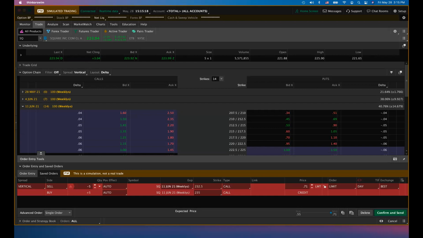Wait, you bought a debit spread? Was this a call debit spread or a put debit spread? A put, I'm sorry. Okay, because I expect the price to go down, you bought a put debit spread, expecting the price of the underlying to go down. Yes. Okay, I'm with you so far. I bought it at the money.